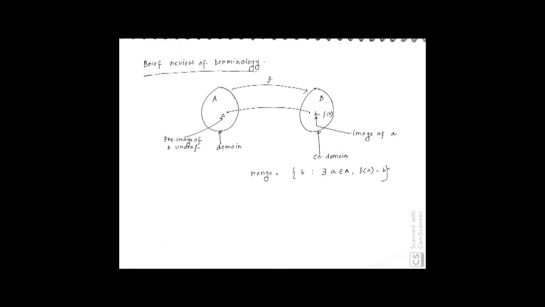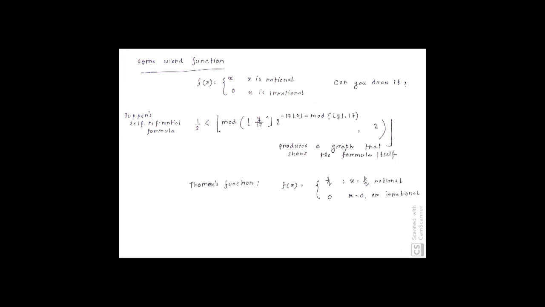We have also given some examples of some weird functions which we often encounter in mathematics. Particularly, we have given examples of three functions which you can always study. These three are very interesting functions.